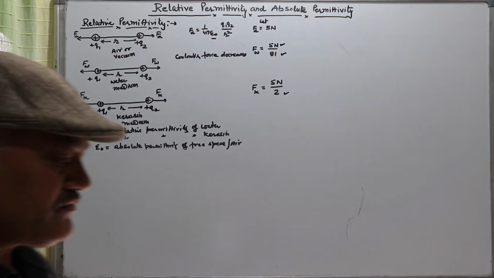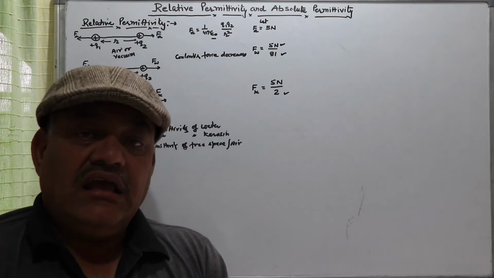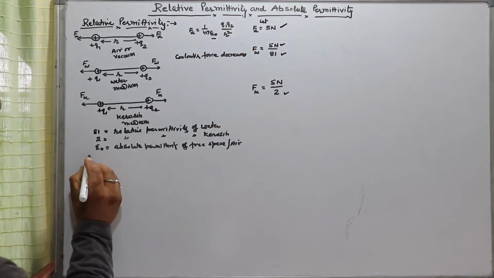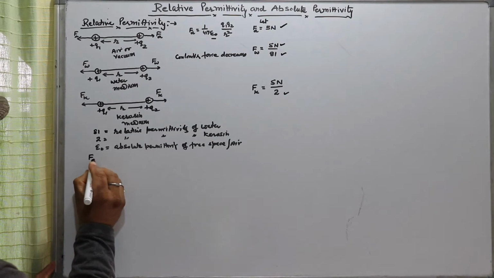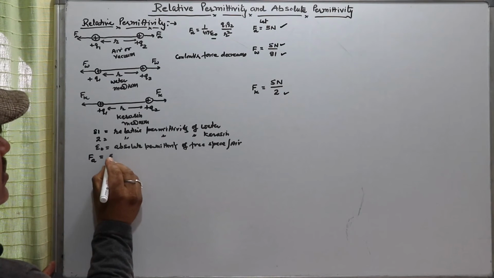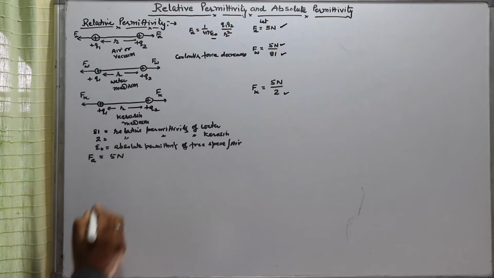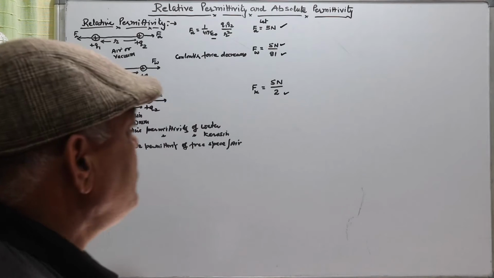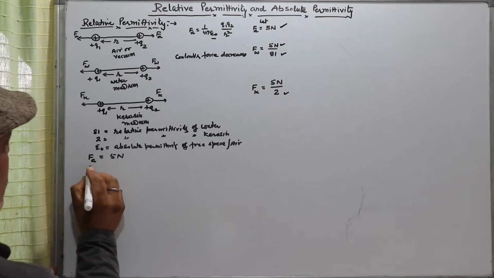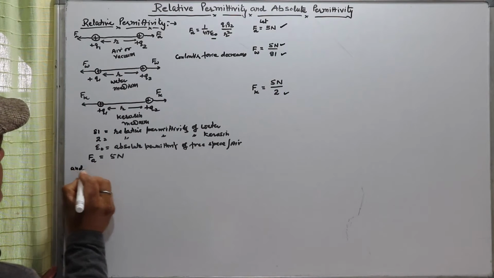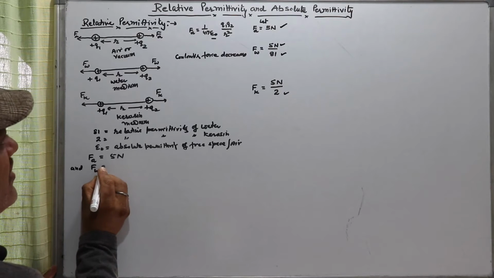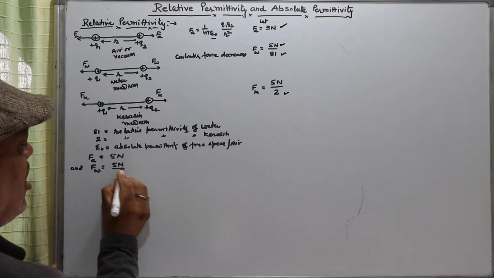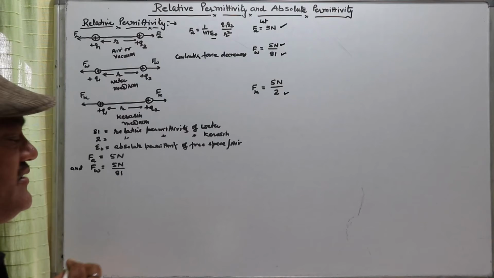Now we know here we assume that Fa is equal to 5 Newton. And this Fw is equal to 5 Newton upon 81.